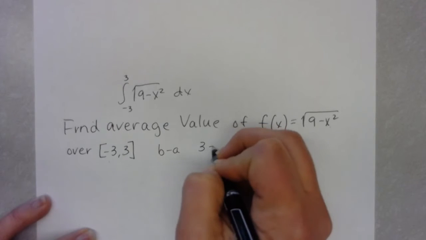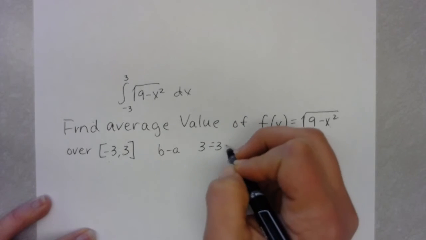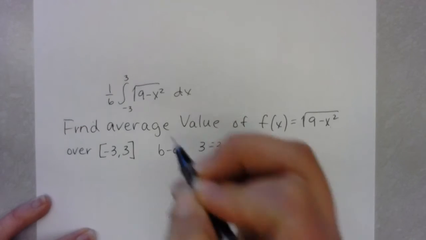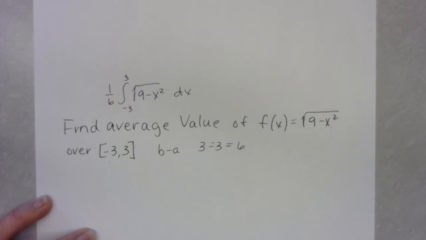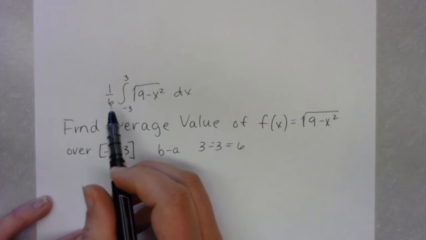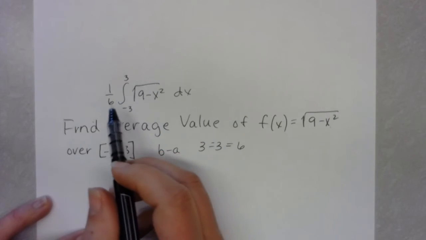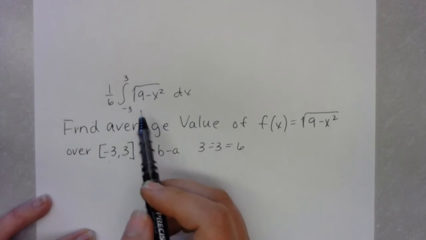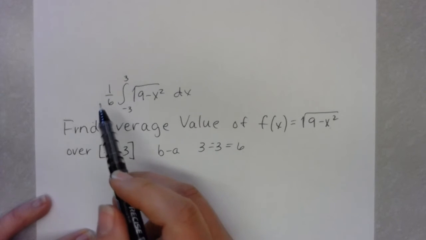So that would be 3 minus negative 3, which is 6. So there's 6 units, so I have a 1/6 out here. I'm using that constant multiplier rule. I have the 1/6 in here, but I'm just going to put it on the outside because it's a little less distracting.